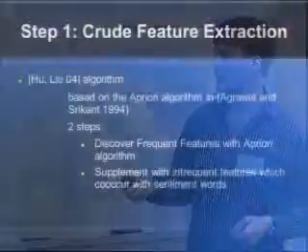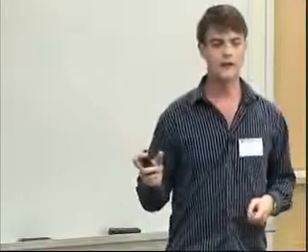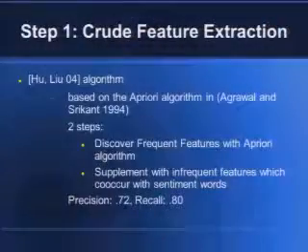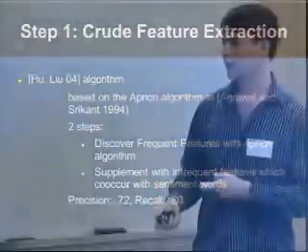Then they have a step which supplements these frequent features with more infrequent features, which are noun phrases which co-occur with words which have been identified as sentiment words. This step reduces precision but increases recall. With this supplementation with the infrequent features, they reported a precision of 0.72 and recall of about 0.8. For this step, it was more important to have high recall.